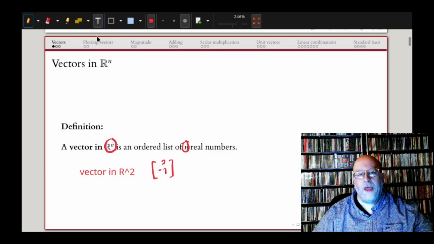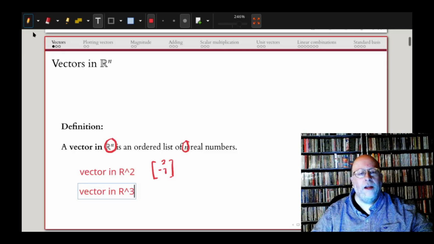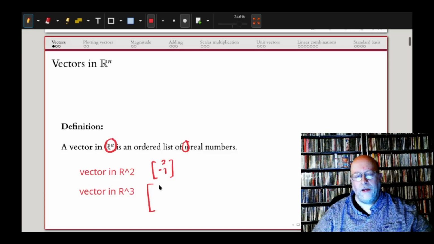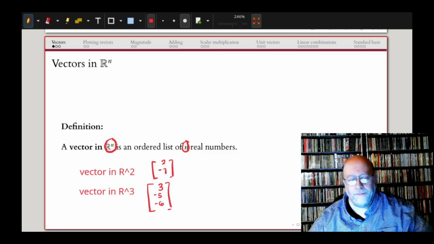And if I were to say that I had a vector in R3, then I'm talking about a vector with three real numbers in it, like 3, -5, and -6. So the n here corresponds with the actual number of entries in the vector.